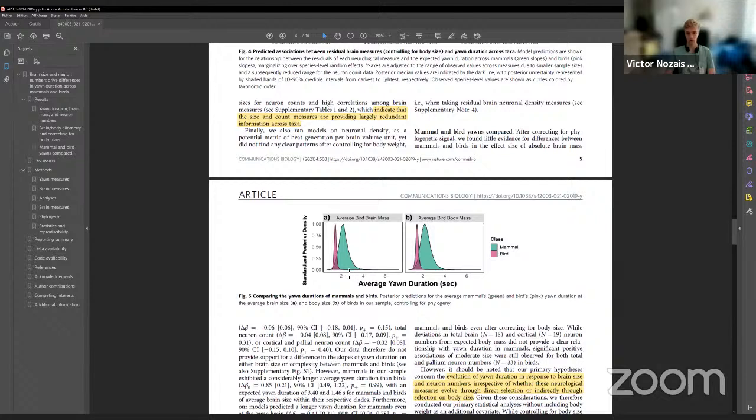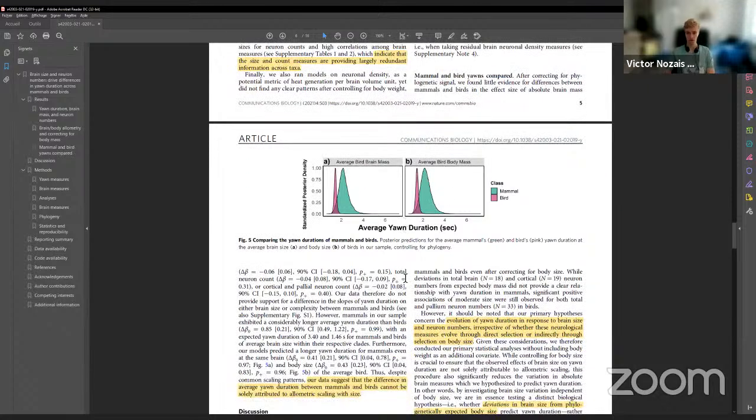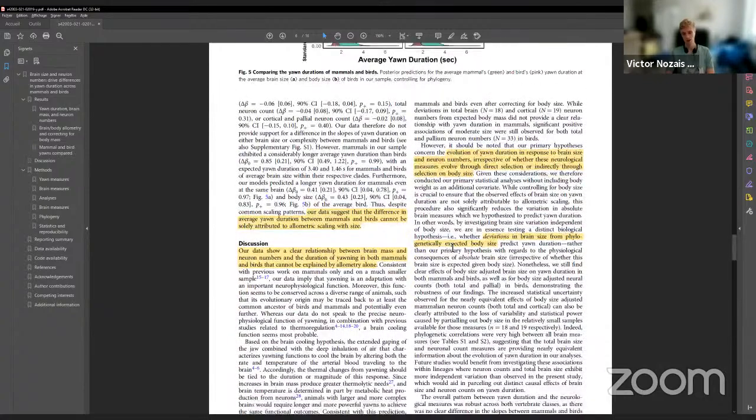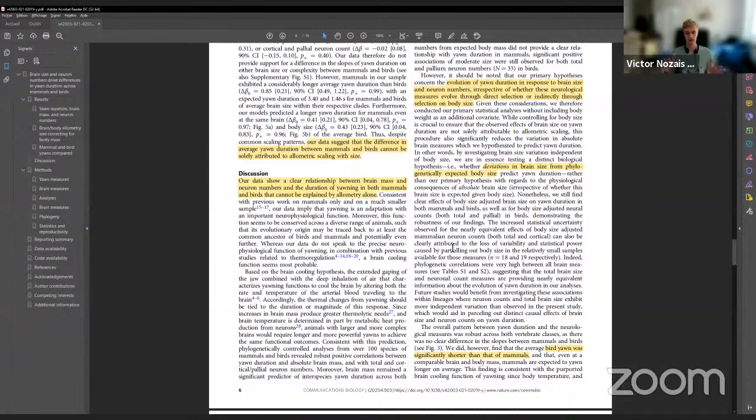And what you can see is that the bird yawn duration is systematically and very significantly shorter than the one of an equivalent mammal. And it's true also for the body mass, when you take the body mass and the yawn. So this shows that birds have a shorter yawn than the mammals, even if you take into account the body size and everything.